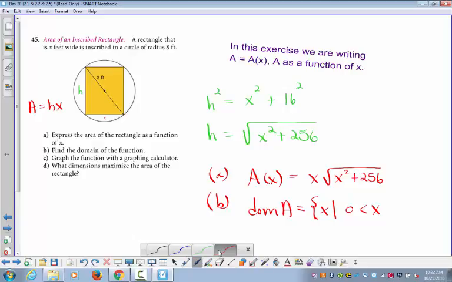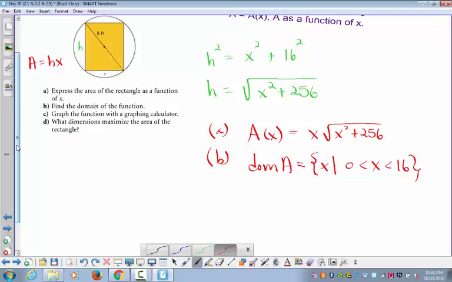If we get to 16, then we've collapsed the rectangle into a line segment. So x has to be greater than 0, but also less than the diameter, so less than 16. That's going to be our explicit domain, the domain that applies to this particular application. If x is outside of that, we don't get a rectangle, and it defeats the purpose.